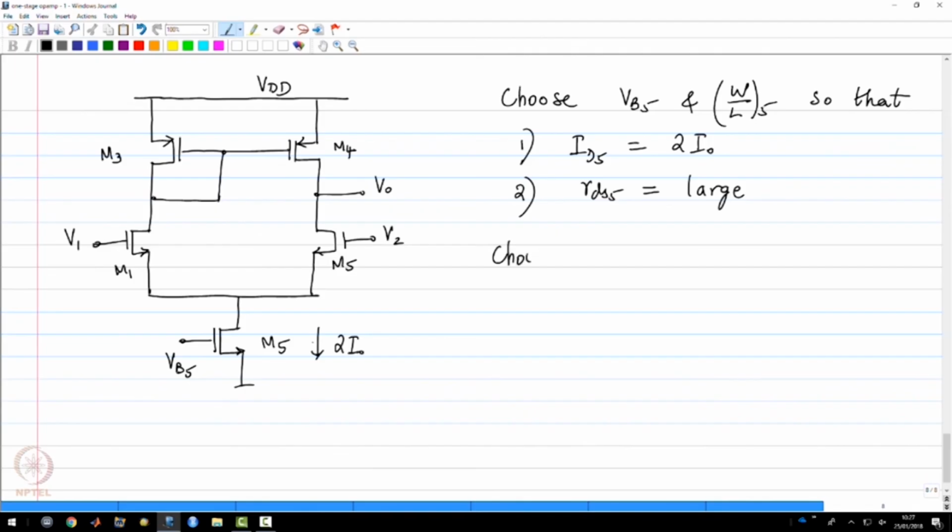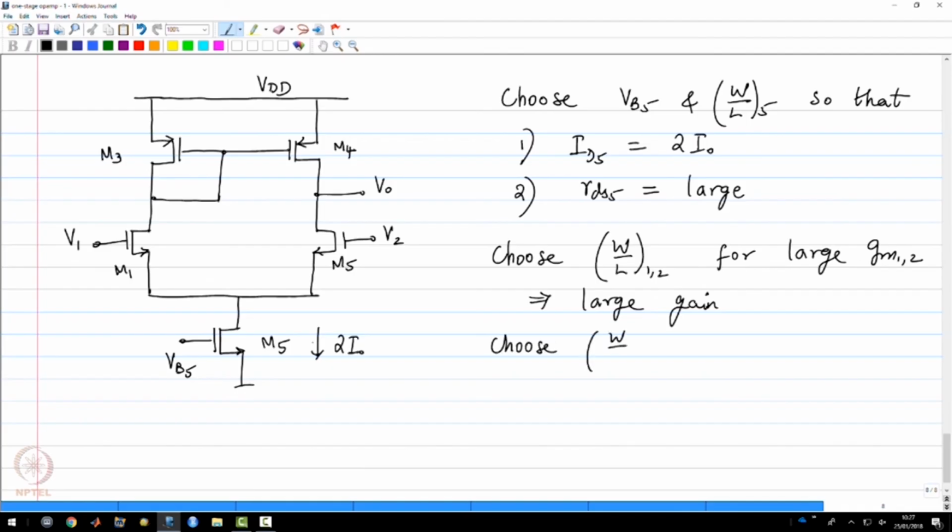We will choose W over L of 1 and 2 so that we get large Gm12, so that we get large gain. And how do we choose M3 and M4?